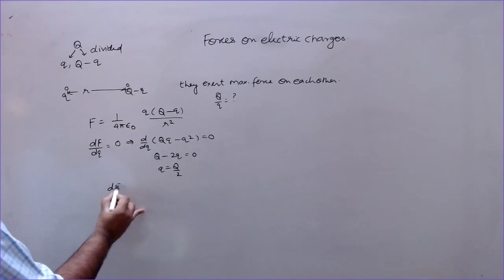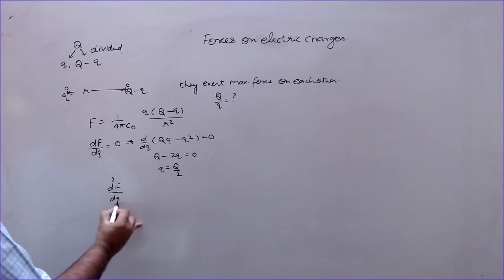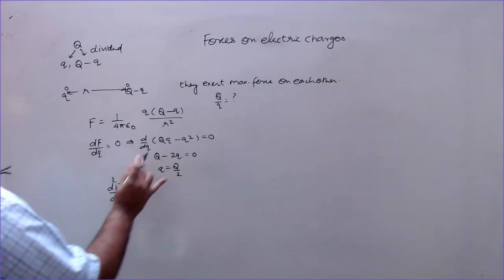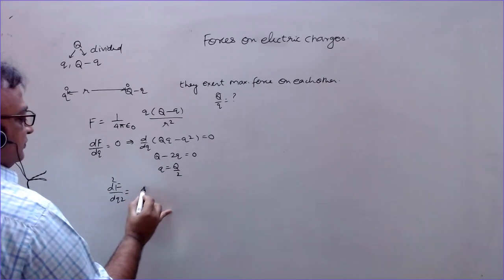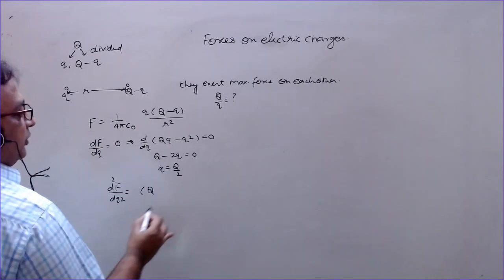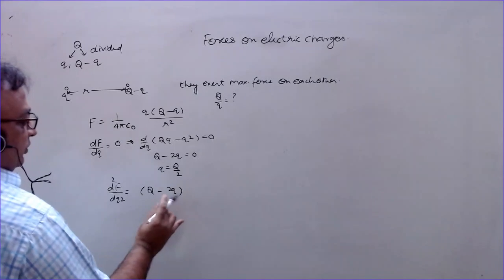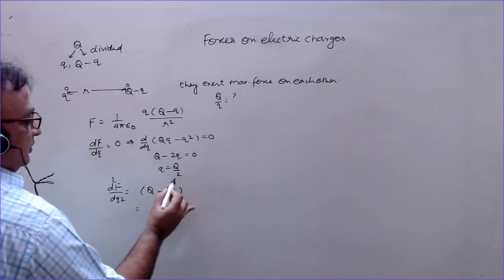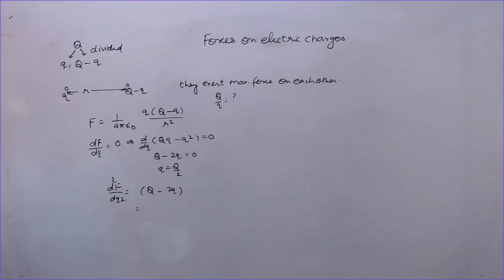If you find the second derivative, then this is equal to the second derivative of this, Q minus 2q. If you put the value 2q equal to Q, this will be 0. That means neither maxima nor minima.